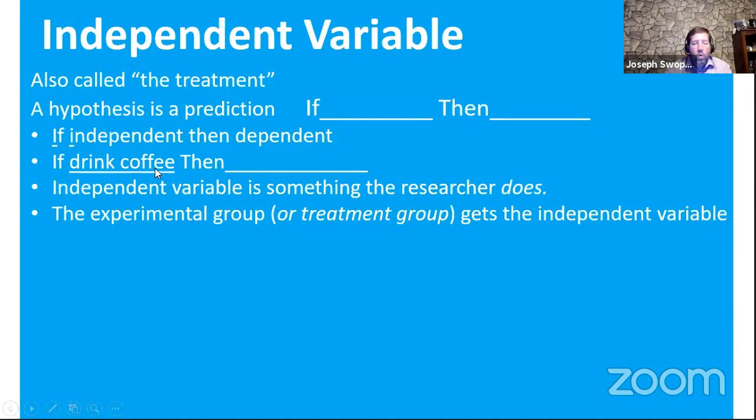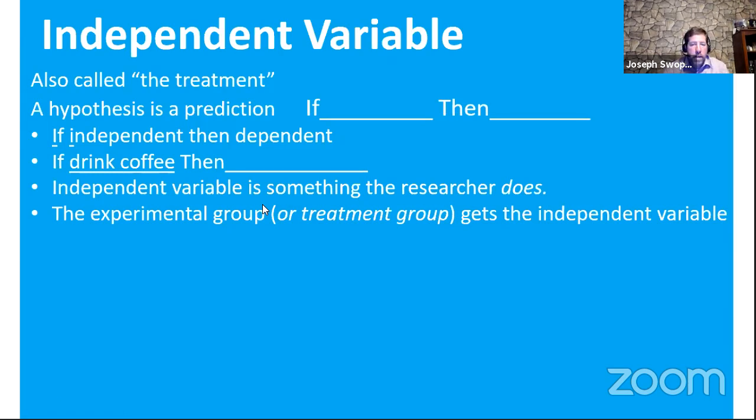If a person drinks coffee, then what? Do they feel more alert? Are they more jittery? Do they have a nauseated stomach because they drank too much? So if drink coffee, that's going to be our independent variable. Then what? That's going to be our result. I like to say that an independent variable is something the researcher does.